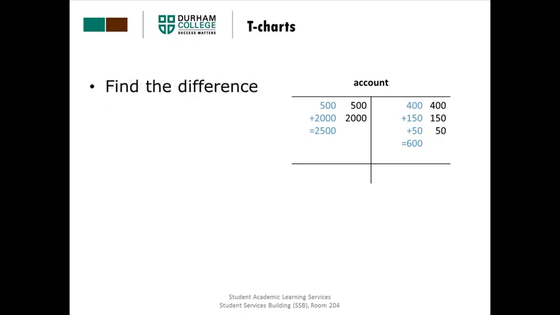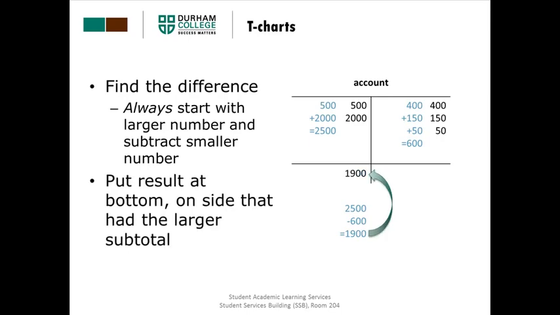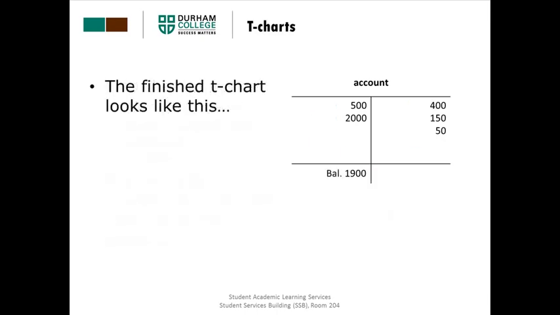We then find the difference by subtracting the numbers to determine the result. Always start with the larger number and subtract the smaller number. Lastly, we take the result and put it at the bottom of the T-chart on the side that had the larger subtotal to start with. The finished T-chart would look like this.